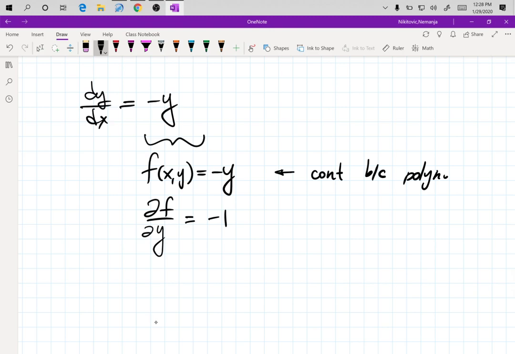That was the theorem which says polynomials are continuous, sine, cosine continuous, exponential, logarithmic continuous, right? And this is also continuous because it is a constant function. So they are both continuous, and you can pick a point (a, b), and you can find the solution.